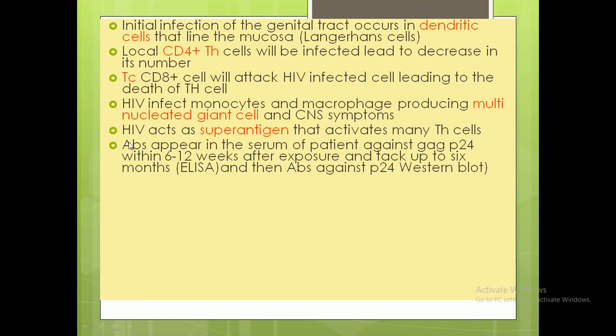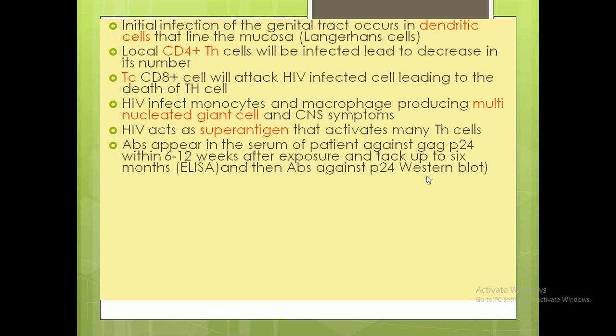Antibody also appears in the serum of patients against the gag protein p24 within 6 to 12 weeks after exposure to the virus, and this takes up to 6 months to increase, and it is detected by ELISA. And then the antibody against the glycoprotein will be detected by the Western blot test.